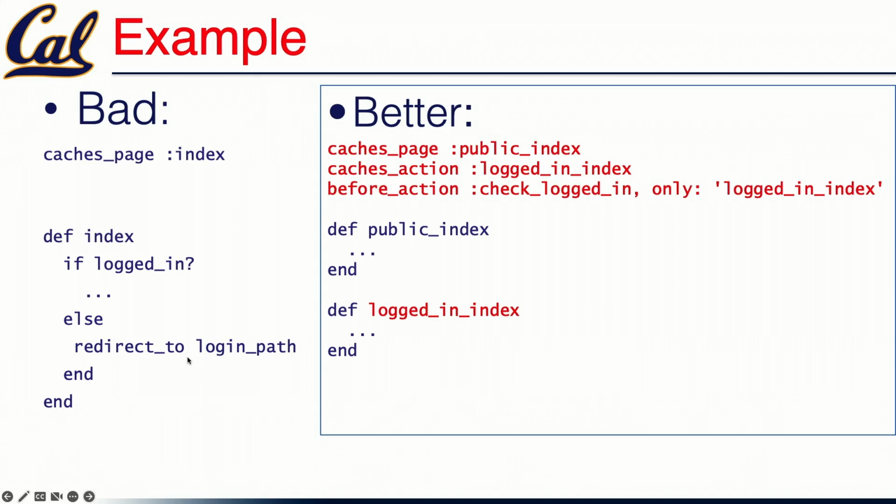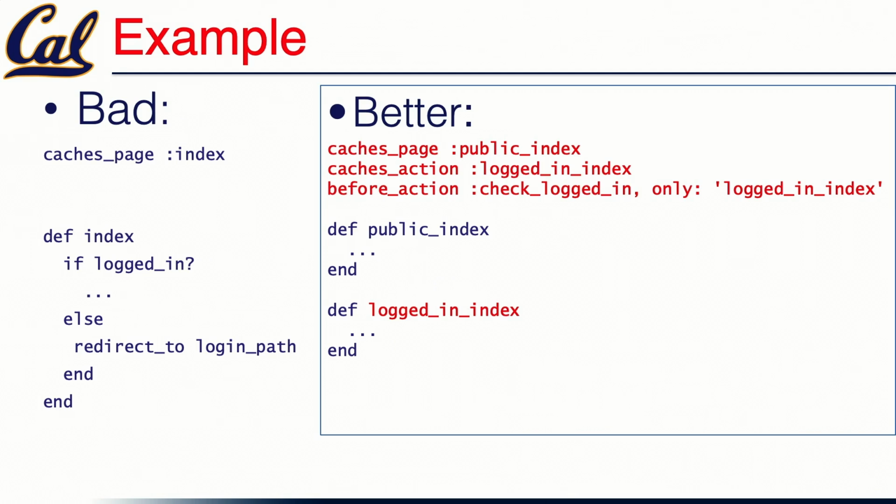A better way to do it is you have a before action that checks if the user is logged in, and now you run an action cache on, you have a public version of the index and you have a private version for people who are logged in. Now, because the before action will run as part of the action caching step, this will actually do the right thing, right? So now there'll be sort of different versions of that front page, but the correct version will actually be selected.